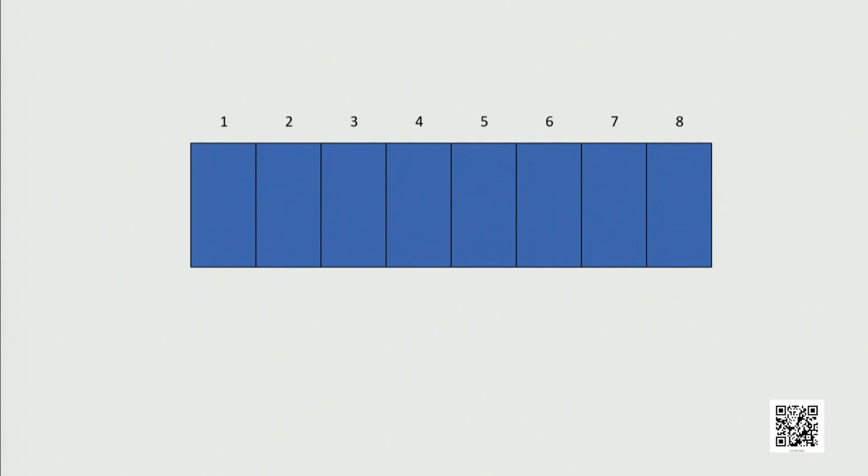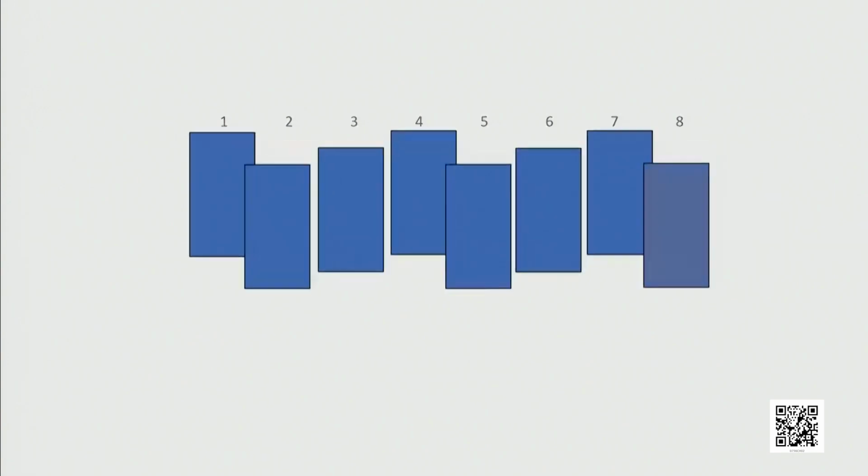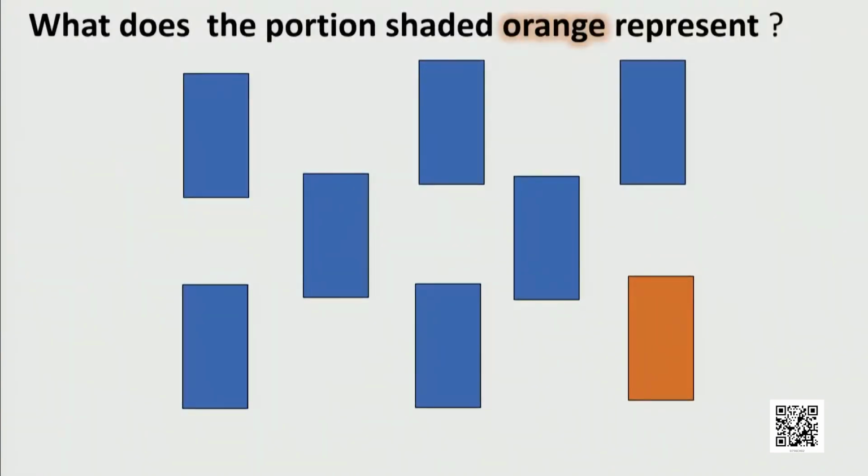So we had a rectangle and we divided the rectangle into 8 equal parts. Now I am going to separate one part from the rectangle. Again, my question is, can we give a name for this orange part?